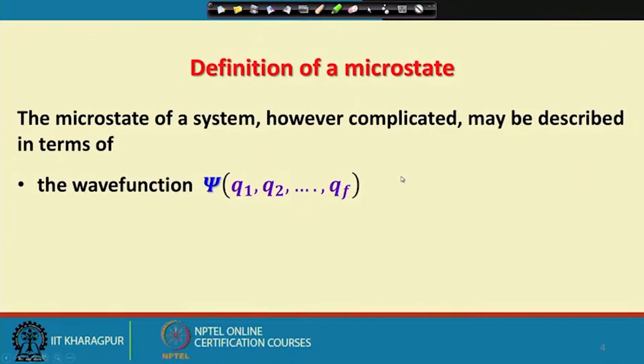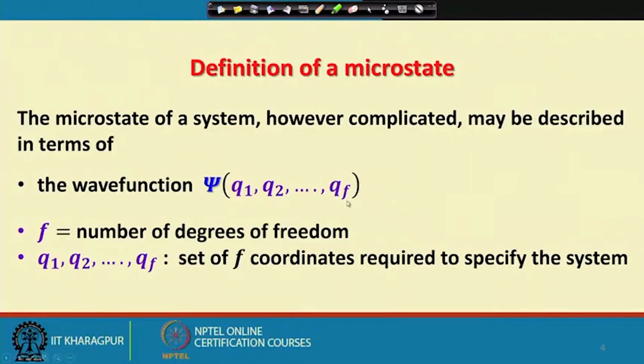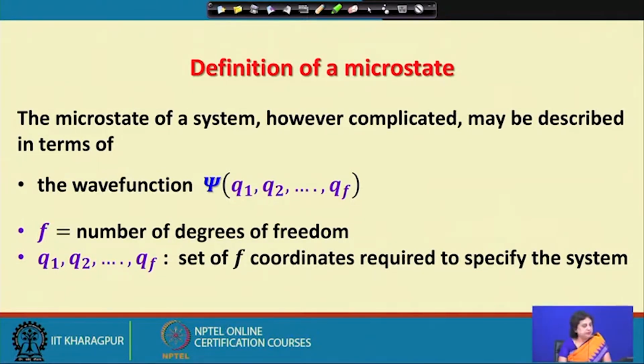So, once we know this, the question is, how much information regarding the wave function do I require? Before I try to explain that, let me explain that f here is the number of degrees of freedom in the system, and the independent variables q1, q2, etc. are a set of f coordinates that is required to specify the system completely.